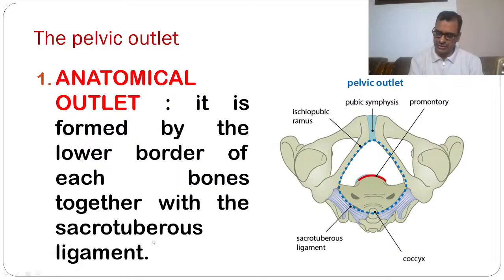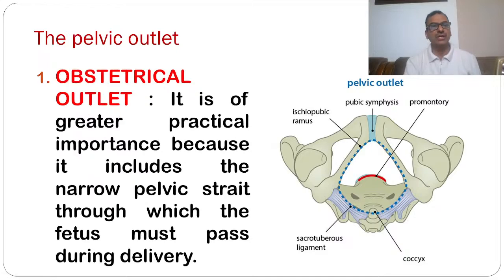And the obstetric outlet is of greater practical importance because the fetus comes out through it. It includes the narrow pelvic strait through which the fetus must pass during delivery.